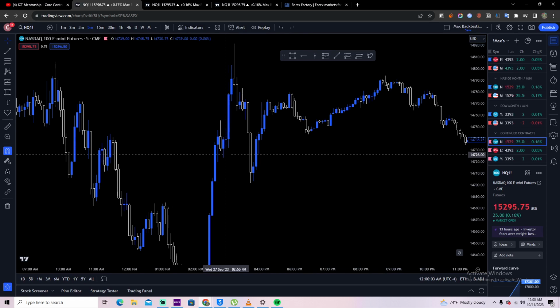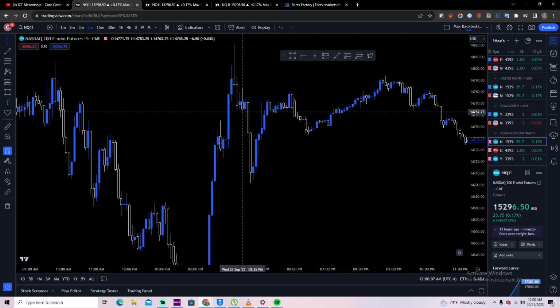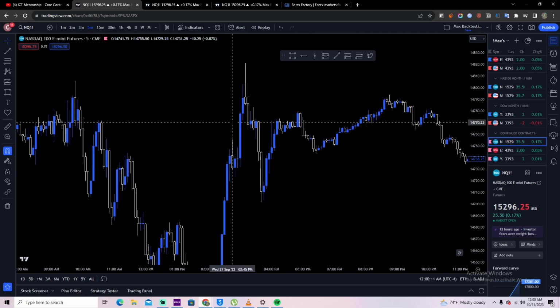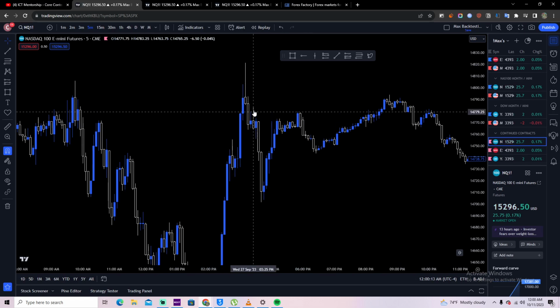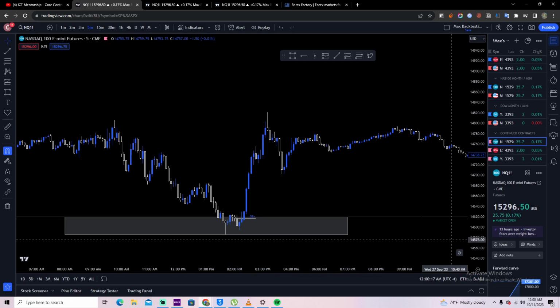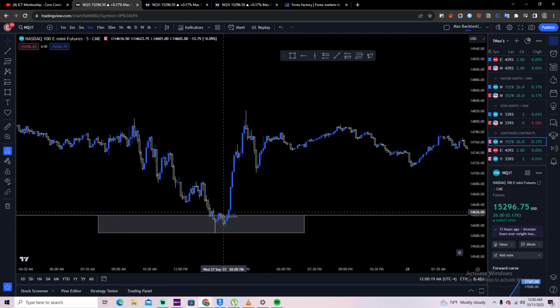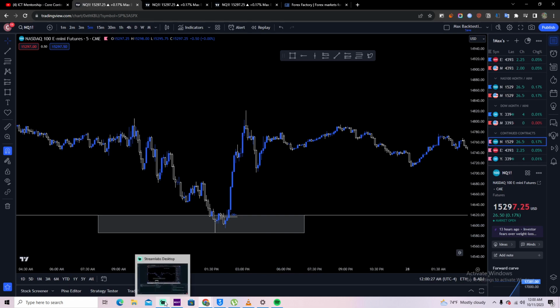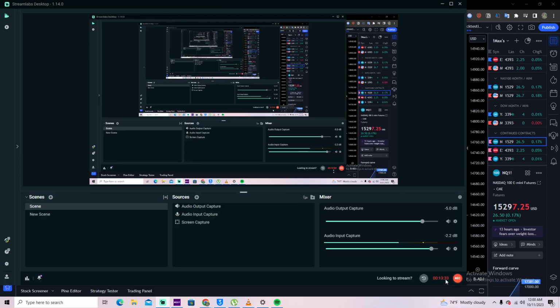Even though this can also be done on the oppositional side, like displacement below an old low being retraded before continuing lower. So to be honest, this would be a way I would just get confused. But I think the takeaway here is to understand what's going on the higher time frame, of course, and that's what ICT is saying to focus on anyways. So I'm going to leave it at that.